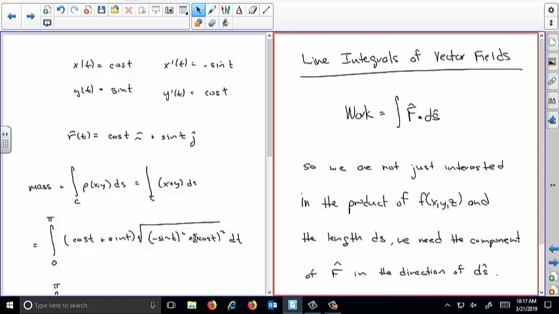So it's probably going to be some kind of parameter. We're probably going to parameterize this expression just like we did here. But what we need to do is this dot product. And the dot product gives you the component of the force vector in the direction of the ds vector at any point in space.